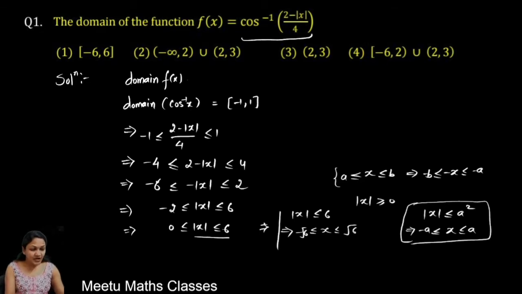Now the domain of f(x), x must lie between minus root 6 to root 6. So the domain will be minus root 6 to root 6. Your first option is correct.